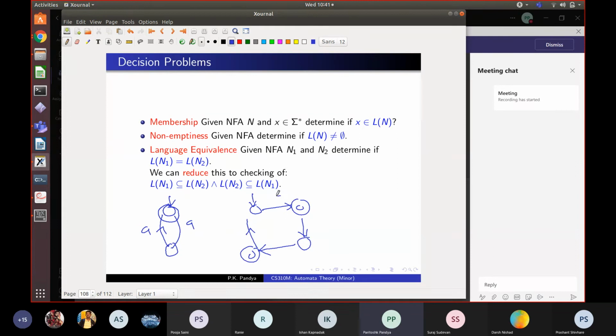Here they happen to be both DFAs, and the alphabet is a single letter. So this is a very simple case. These two are different automata, but they have the same language. But how do I know they have the same language? So I need some method of checking that the two automata are language equivalent, that is, they have the same language.